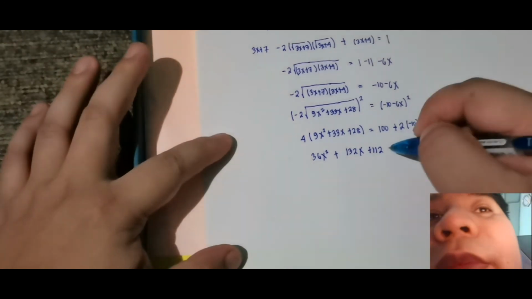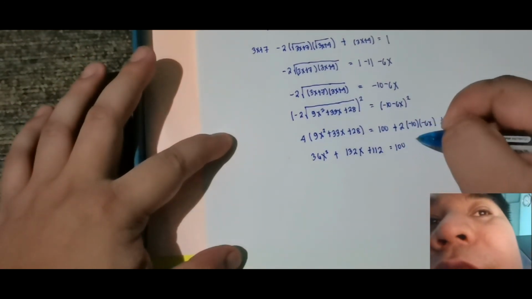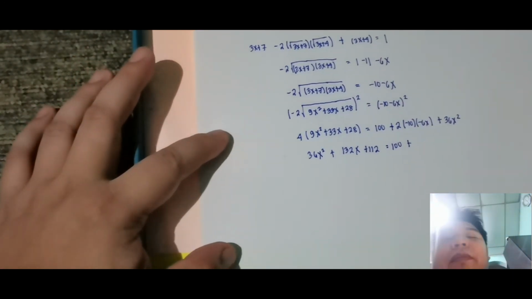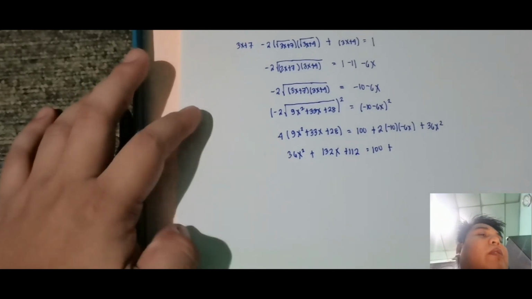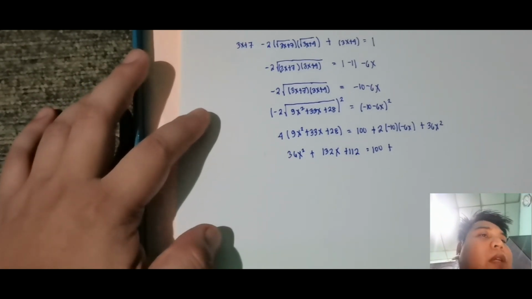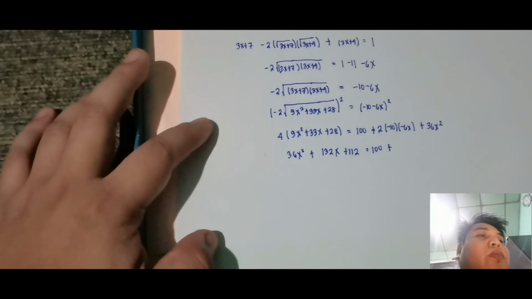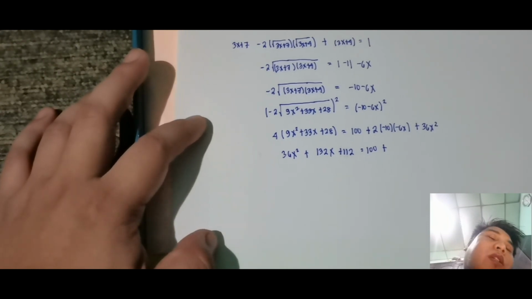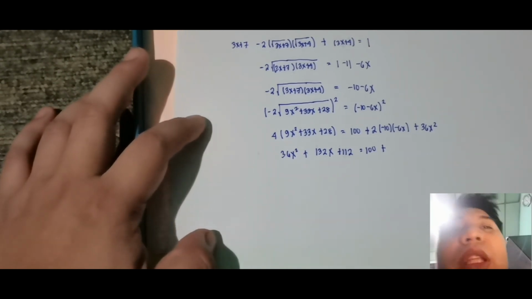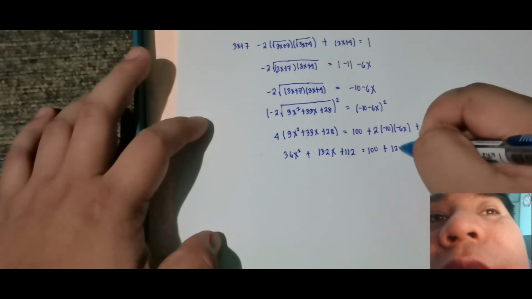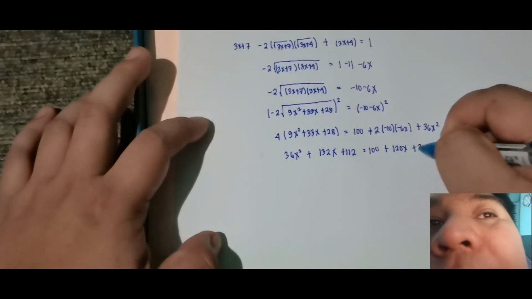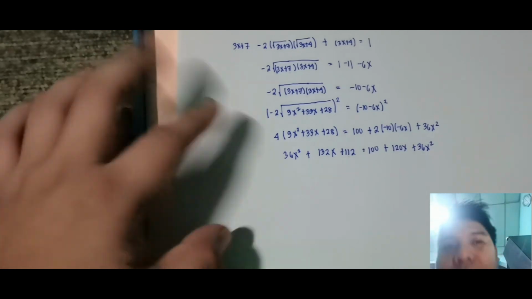Next is 100 plus 10 times 10. Negative 10 times negative 6 is positive 60, times 2, that is positive 120, no? So, that is positive 120x plus 36x squared.